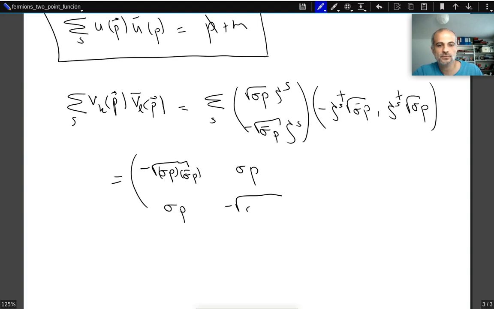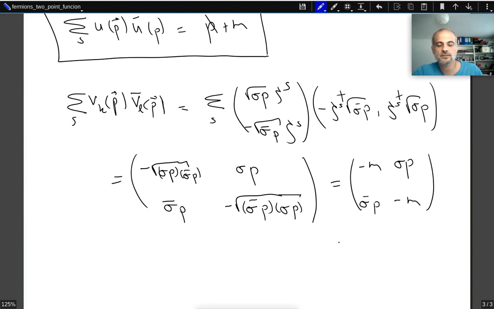minus square root of sigma bar·p sigma·p, which is with this time with a, well, let me write it out explicitly. This is minus m. Okay, this matrix element is this multiplied with this one. Okay, sigma·p, this is sigma bar·p, sigma bar·p.